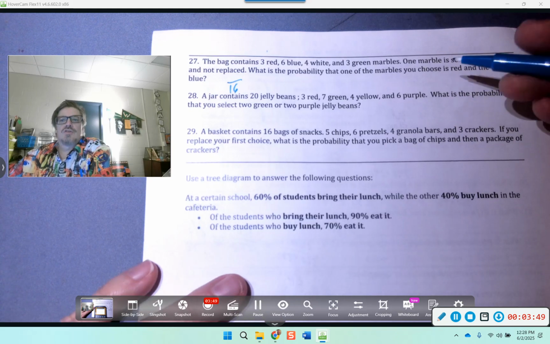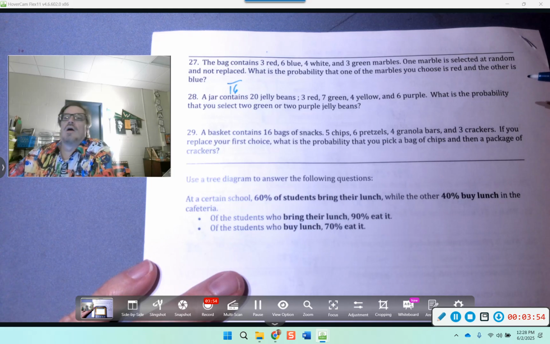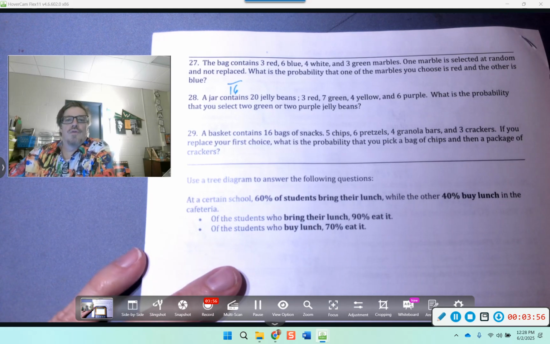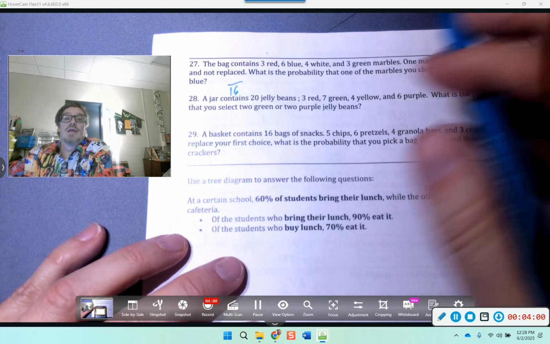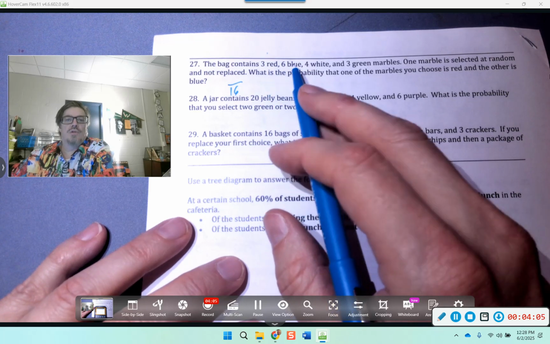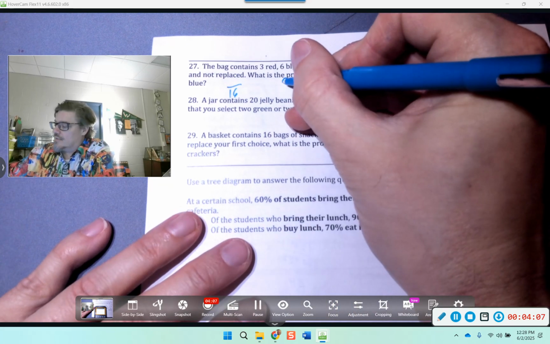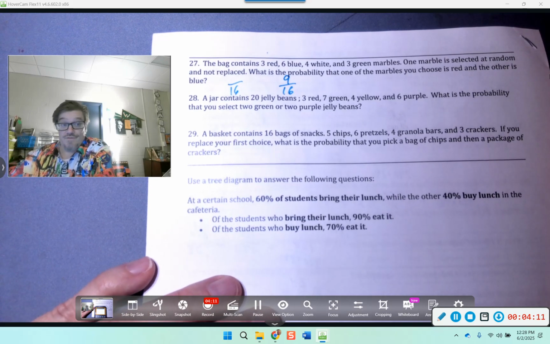So what is the probability of getting a red or blue for the first one? It would be 3 and 6, so red or blue, that's a total of 9. So 9 out of 16 for a red or a blue for the first one.